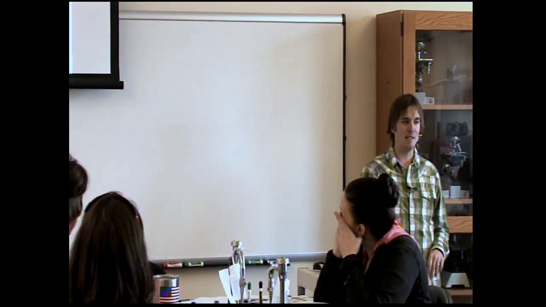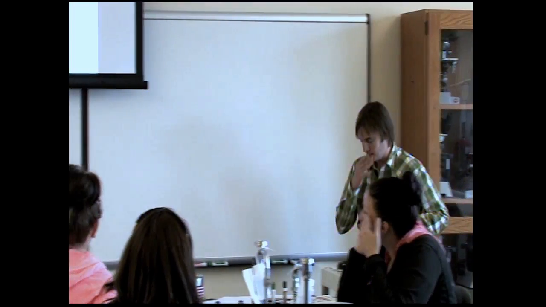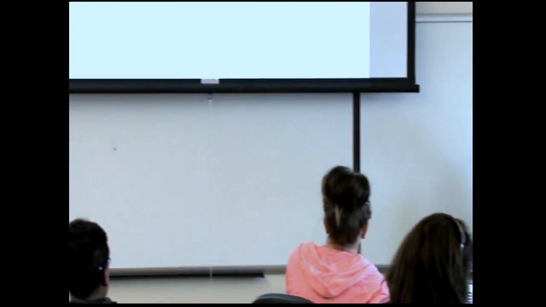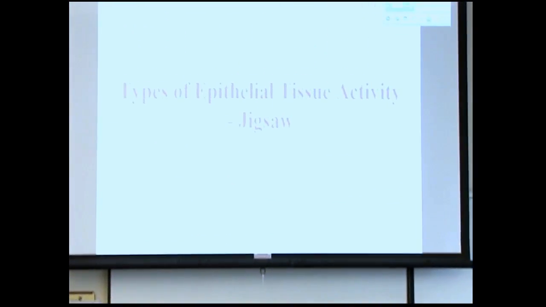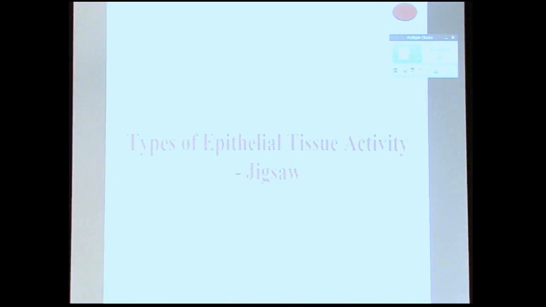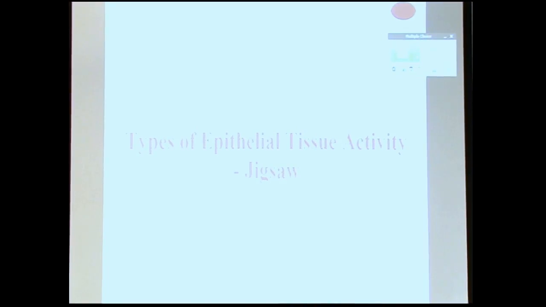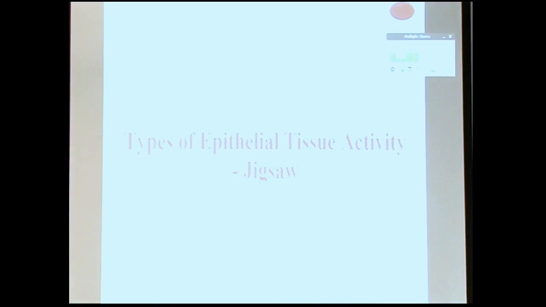But again, I make these clicker questions for you to think about stuff, not so much test questions. All right, so the way you're going to learn about these different types of epithelium tissues is the following. I'm going to give each group a different tissue type, and their job is to find two places that it is in the body and two main functions for that type of tissue.